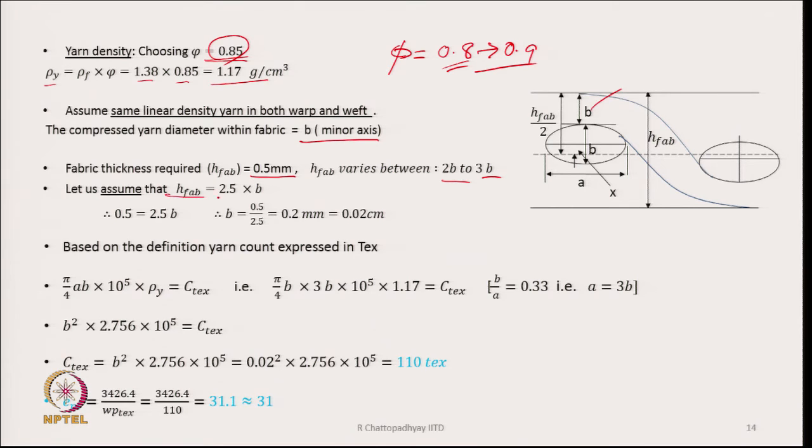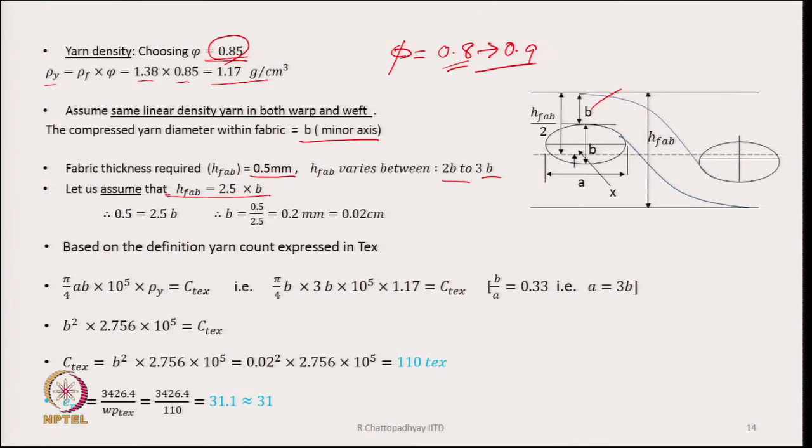We have chosen similarly in this case also 2.5B. So, we are considering the deformed shape of the yarn, where the minor axis of the ellipse is considered to be the diameter of the yarn. So, from there we can find out the value of B. So, B value is coming to be 0.2 mm or 0.02 centimeter.